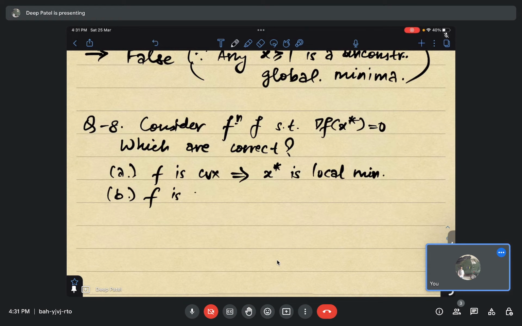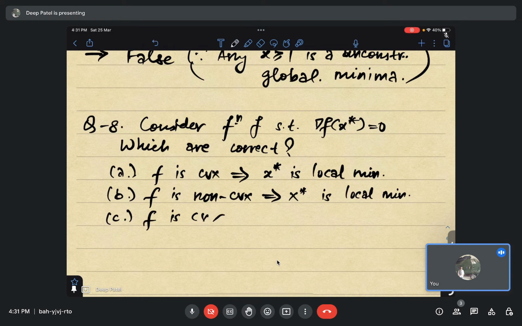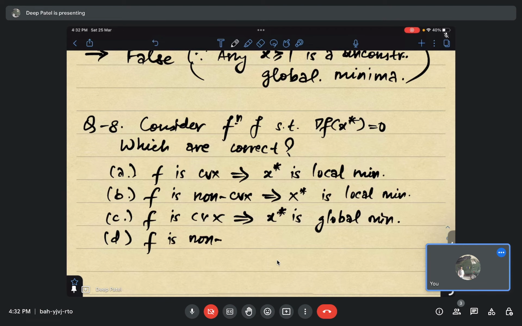If f is non-convex, x star is a local minimum. If f is convex, x star is a global minimum. And the same thing in the non-convex case.